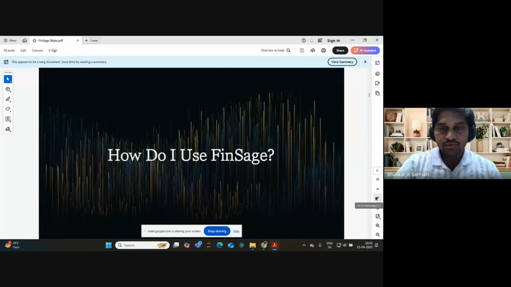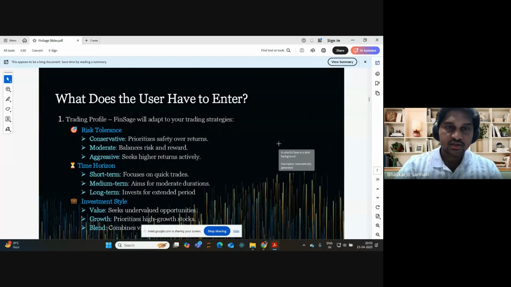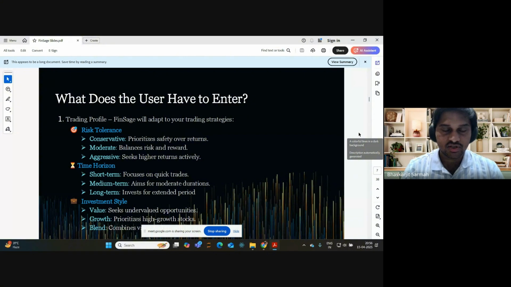So how to use FinSage? I will provide a demo towards the end of the session. But this is the generic idea: as you go to use this tool, you first have to go through some profiling. Here we have decided on a trading profile based on risk tolerance, what time horizon you are trying to trade the security for, and what your investment style is.